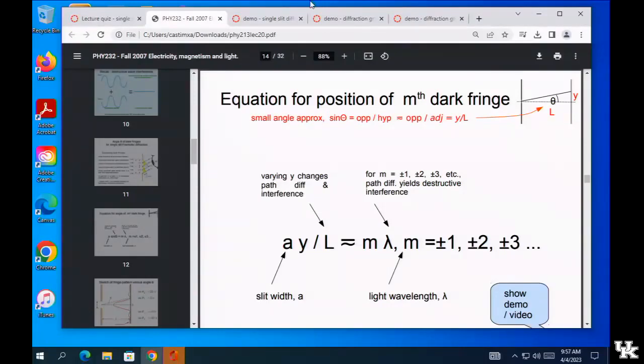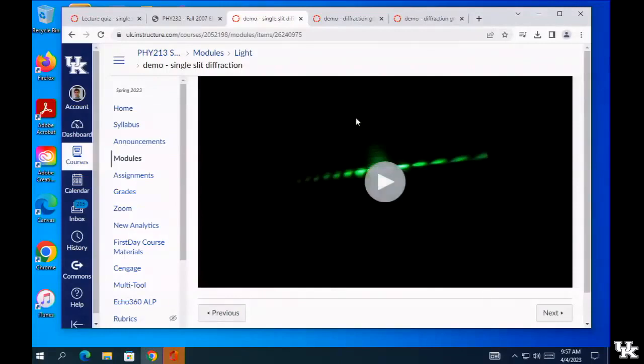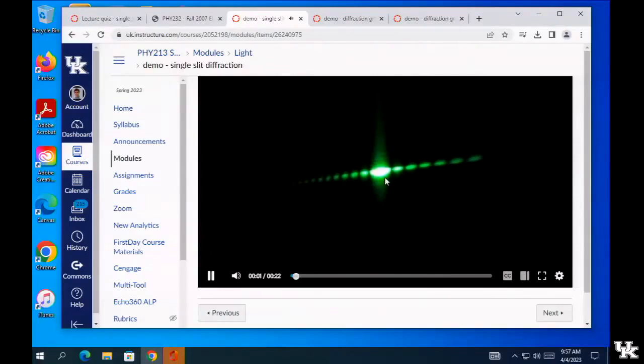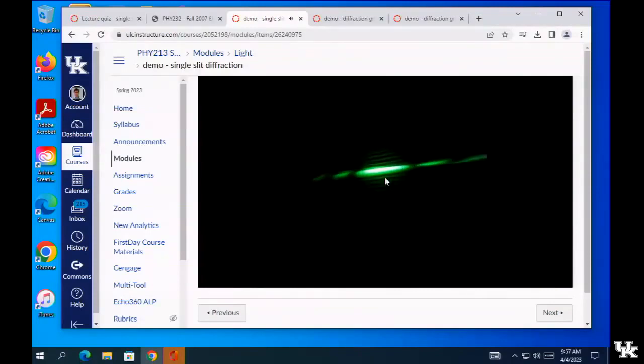So we'll see that. I'm adjusting the slit width, and look at that pattern stretch out as I adjust the slit width. I'm actually making it narrow. And I completely shut it down.